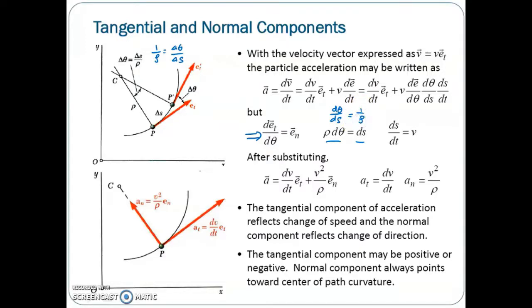And we also know that ds/dt equals v, the velocity magnitude. If we substitute all these known quantities into the acceleration vector, then we have a equals dv/dt e_t in the direction of e_t plus v squared over rho e_n.